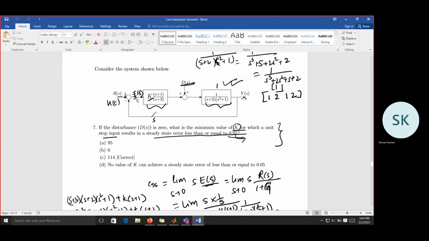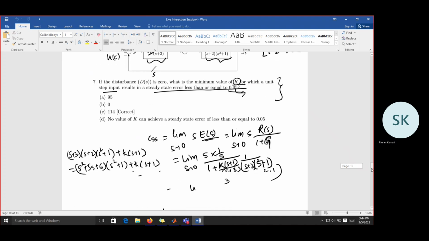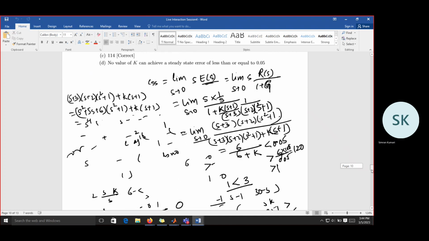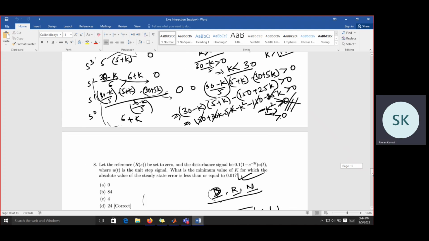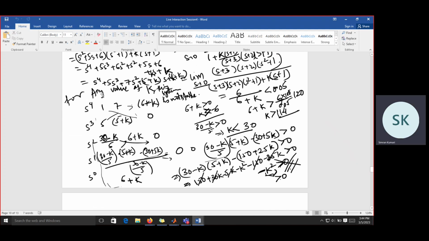We found some value of k that satisfies this, but using the whole application of Routh criteria, we saw that it is saying minus k square greater than 0. So k square is always a positive number, and minus k square can never be greater than 0.